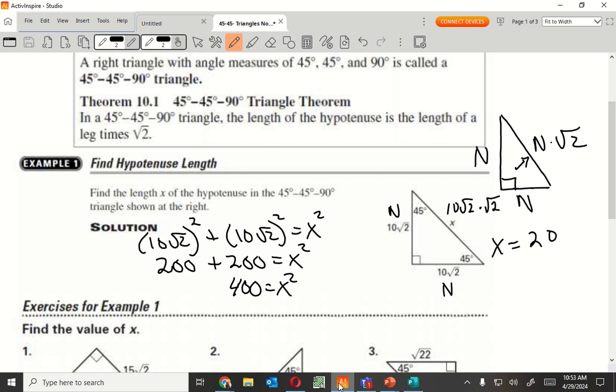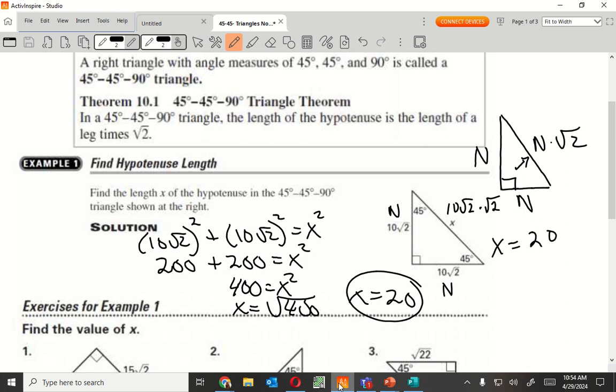And from what we learned last week, to undo the square, I need to square root both sides. So x equals the square root of 400, which is 20. Now, this is using the Pythagorean theorem to prove why this works every time.